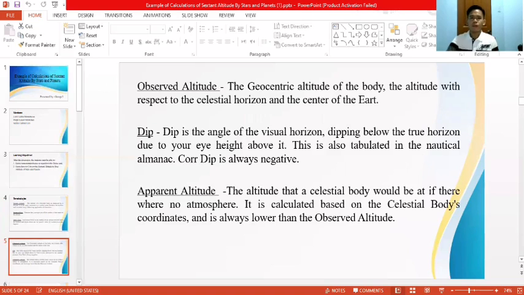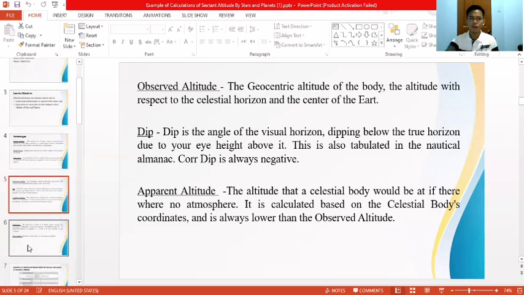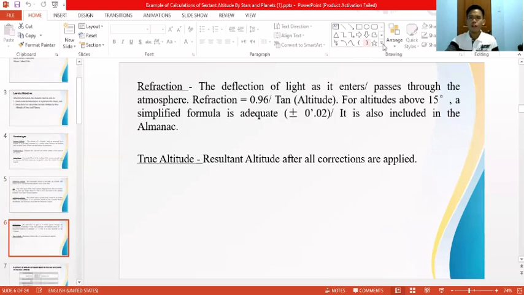Then the apparent altitude: the altitude that the celestial body would be at if there were no atmosphere. It is calculated based on the celestial body's coordinates and is always lower than the observed altitude. Refraction is the deflection of light as it enters or passes through the atmosphere.